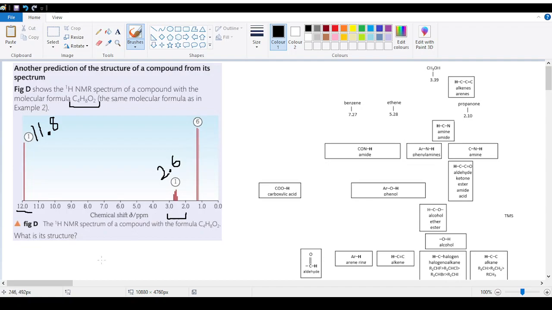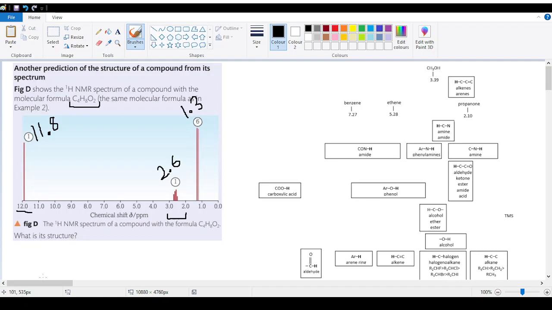How much chemical shift is that? No, 6 is the relative height, but I mean the x-axis value, the chemical shift value. It's a bit more than 1, like 1.2 or 1.3. Okay, so around 1.3.